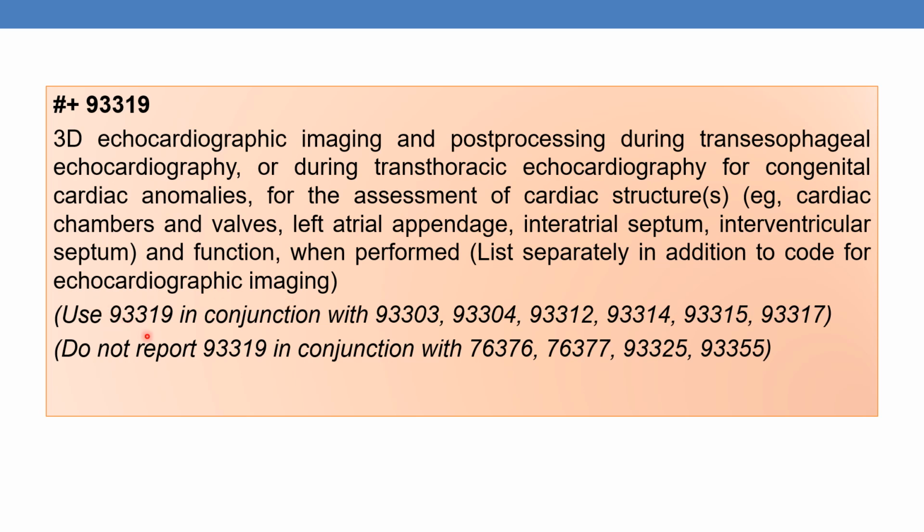And you need to use 93319 in conjunction with 93303 or 93304, 93312, 93314, 93315 and 93317. And do not report 93319 in conjunction with 76376, 76377, 93325 and 93355. It is a 3D echocardiographic imaging and post-processing during either TEE or during transthoracic echocardiography for congenital cardiac anomalies.